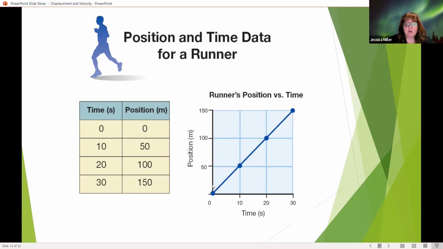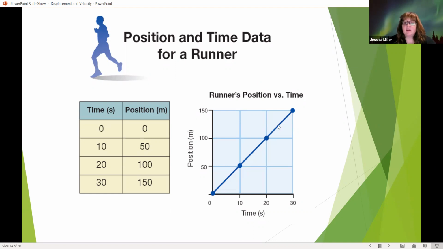This means we go 50 meters in 10 seconds, 50 meters in another 10 seconds, and another 50 meters in the next 10 seconds. Notice I'm covering the same amount of displacement, the same change in position, for equal time intervals. That means I'm moving at a constant speed.